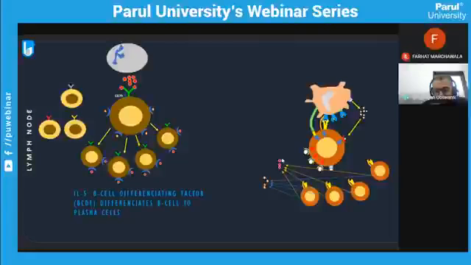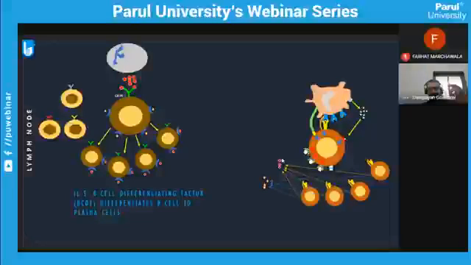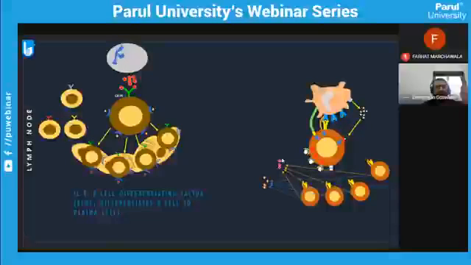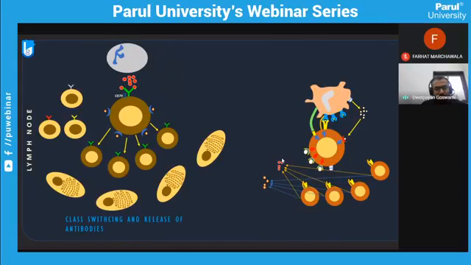The cells will multiply and become plasma cells. Interleukin 5 has to be much greater.